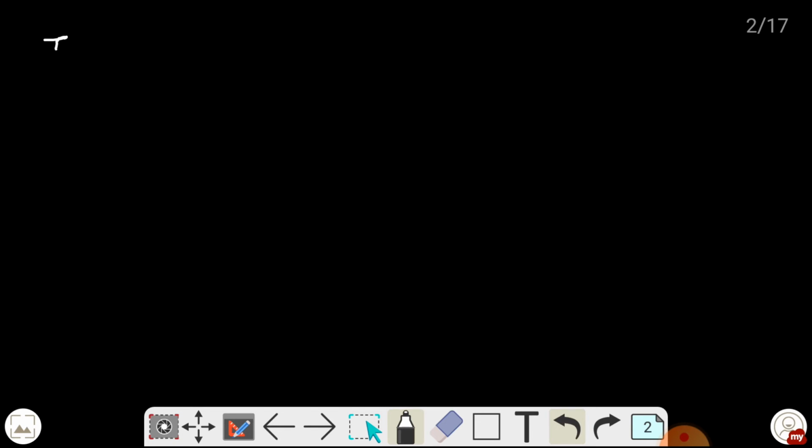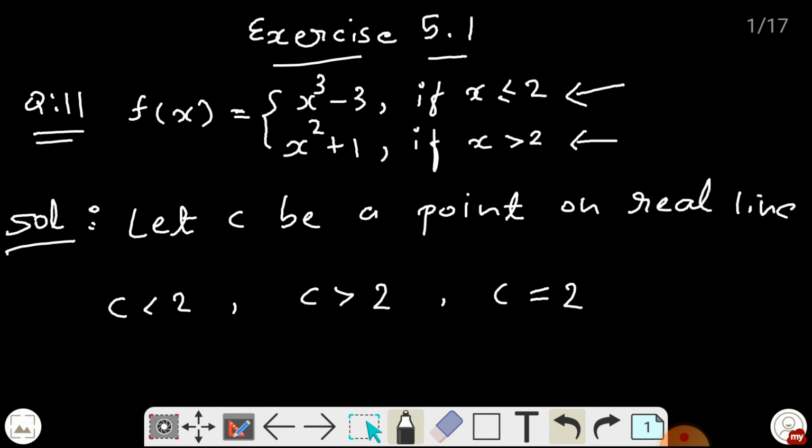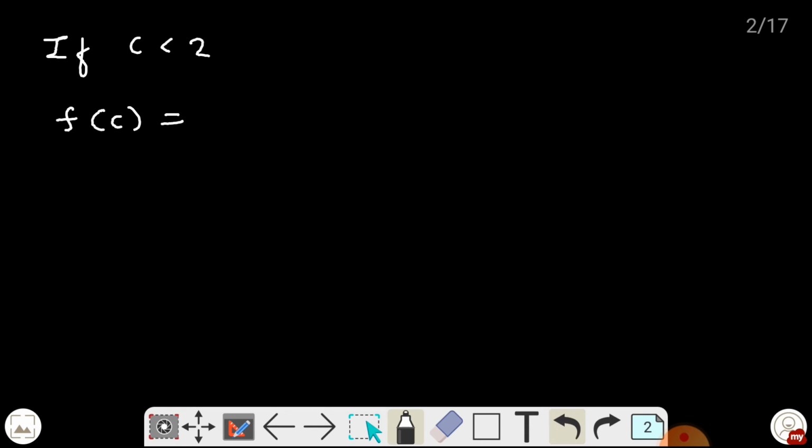So first of all, if c is less than 2. Now, if c is less than 2, then let us check what our function is whenever a point is less than 2. Whenever a point is less than 2, our function is x cube minus 3. So x cube minus 3, that means c cube minus 3. So this is our f of c. Now let us find the limit of the function.